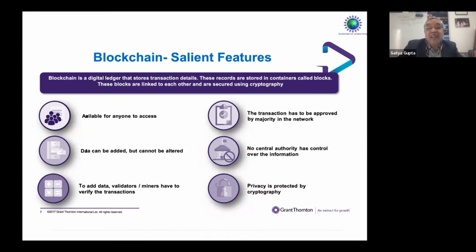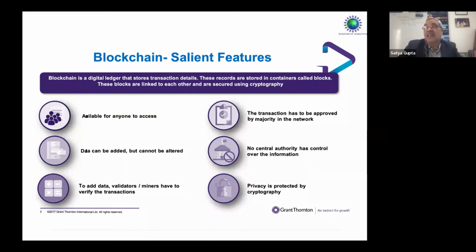Data can be added but cannot be altered. That is called append only. So immutability comes through that. To add data, validators or miners have to verify the transaction. So there are two types of players here. One are those who actually initiate a transaction or initiate a record or a block. And then there are validators or miners who have to verify the transaction.